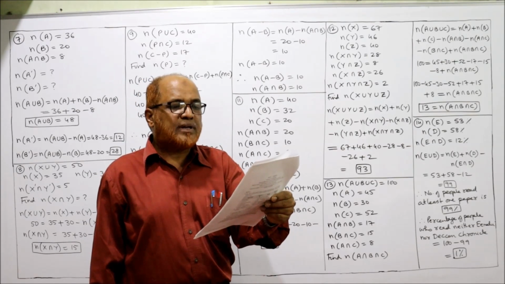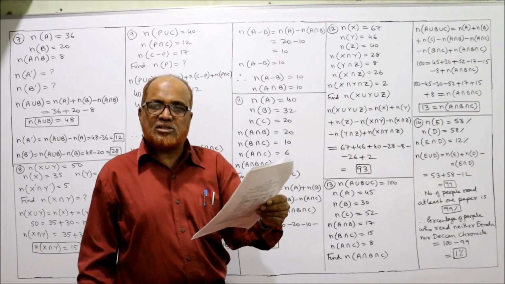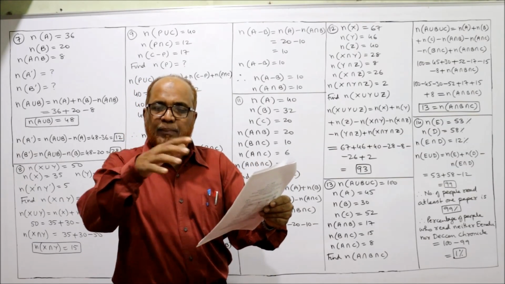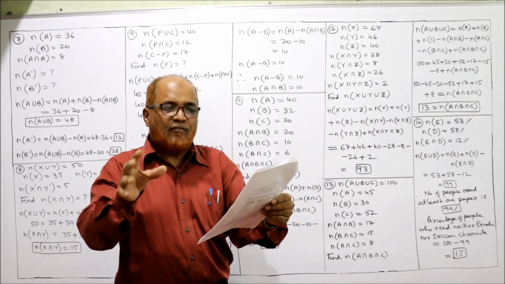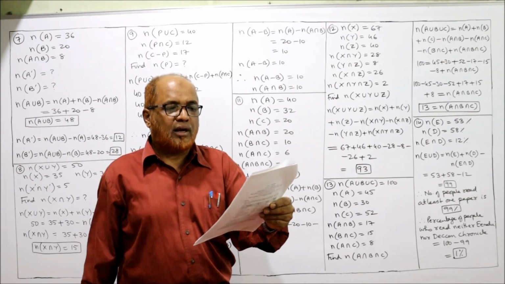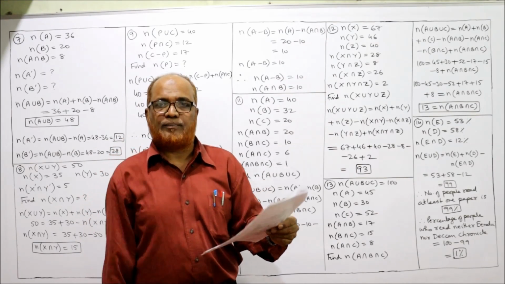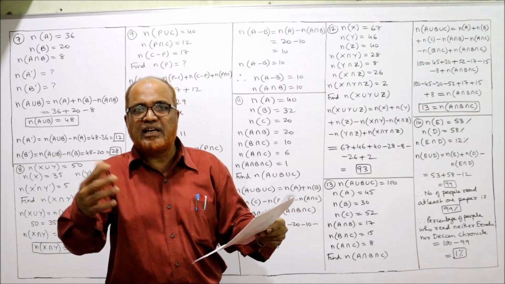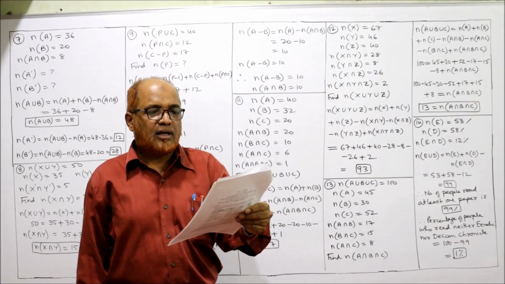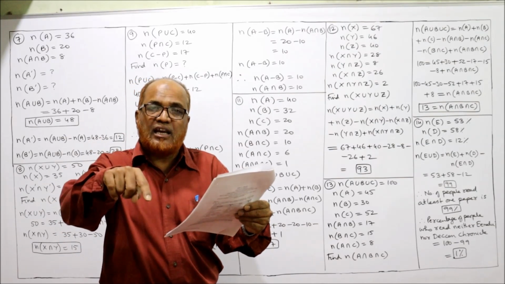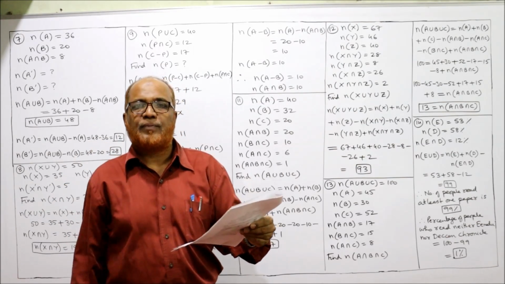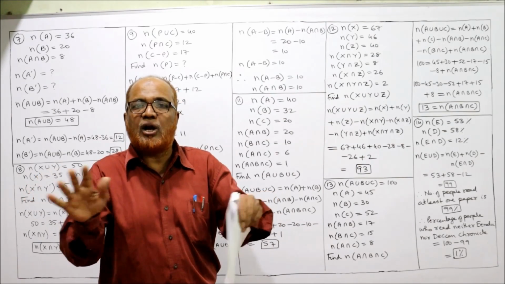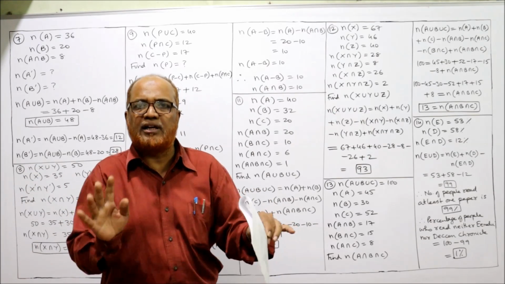While 58% read Deccan Chronicle, which is also one of the newspapers in Hyderabad. 12% read both, Enadu as well as Deccan Chronicle. Then how many read neither Enadu nor Deccan Chronicle? We have to find the percentage of people who do not read the paper at all.